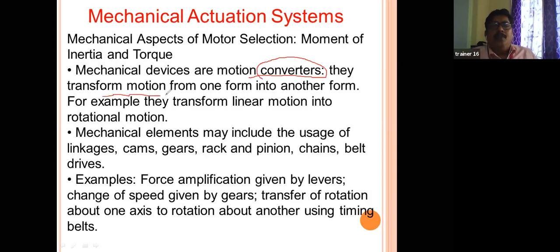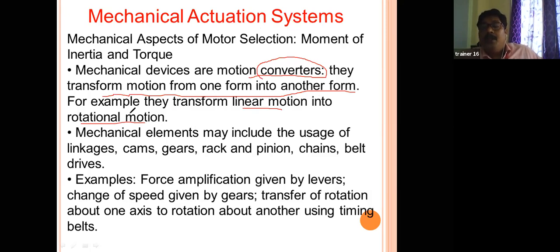They transfer motion from one form to another. For example, the transfer from linear motion into rotational motion, or rotational motion into linear motion.